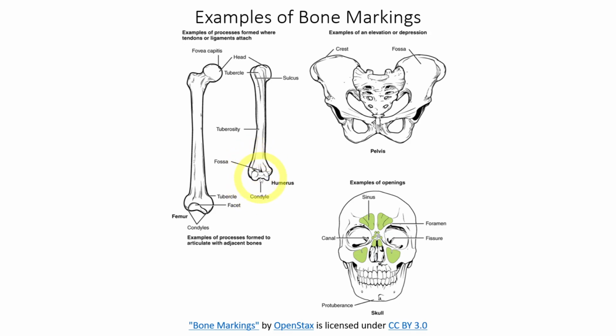Condyle. A condyle is a rounded part that's shaped kind of like a door hinge. Condyles are also here in the femur. So the humerus has 3 condyles, and the femur has 2, and you can sort of tell where they are.